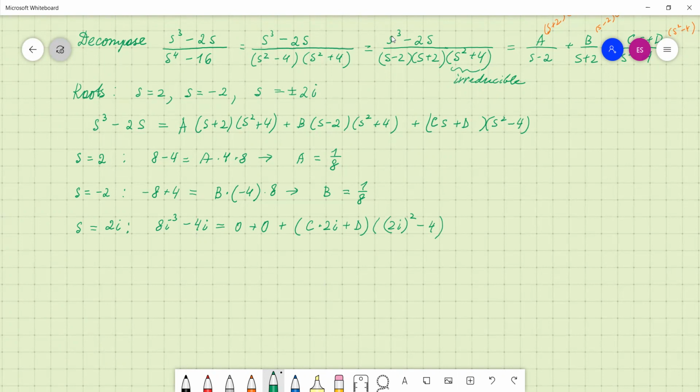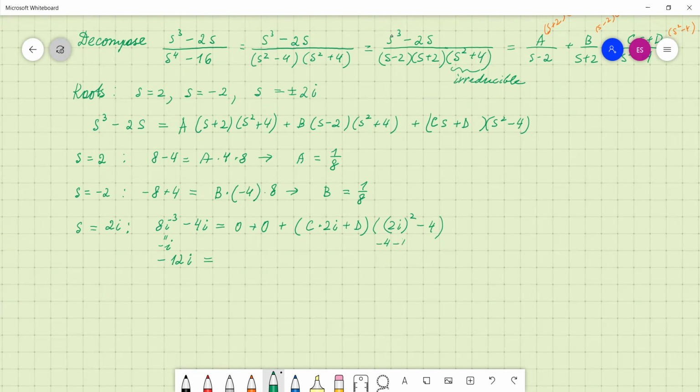Now, for the remaining term, I'm going to have (c times 2i plus d), right? I'm plugging in s. And for this one, I'm going to have (2i) squared minus 4. Now I'm going to simplify this expression a little bit, on the left side and right side, to get a simple equation for c and d. So here, guys, when you cube i, you are going to have i squared, which is going to give you minus 1, and 1 more i. So it's actually minus i, and 8 and minus 4i are going to give us minus 12i on this side, right? What are we going to have on the right side? Well, this one is 4, right? i squared is minus 1.